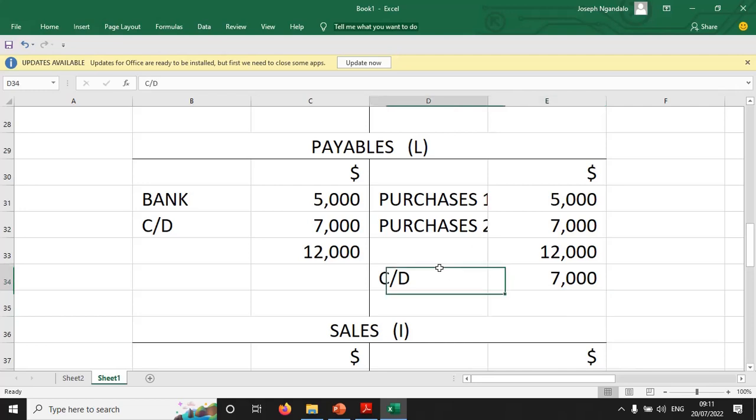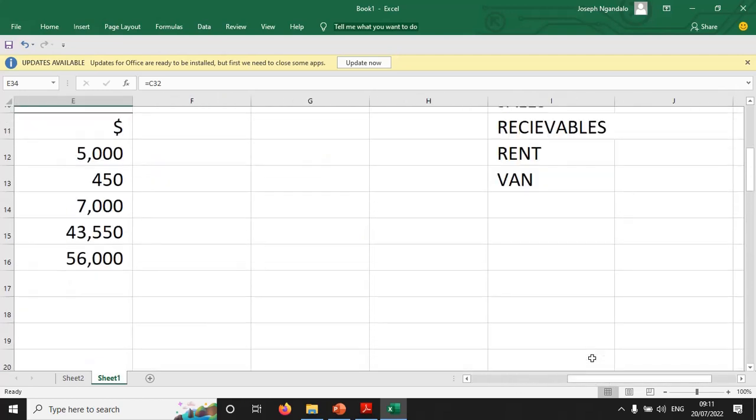It's supposed to be actually brought forward. So we do the exact thing. We're almost there. 7,000 credit on payables, eh? Is that correct?